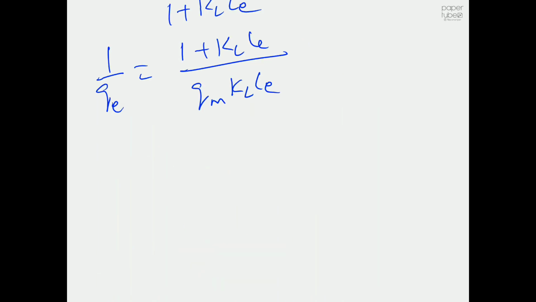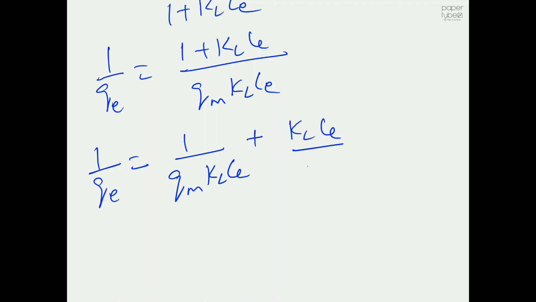Now we can expand that equation: 1 divided by QE equals 1 divided by QM KL CE plus KL CE divided by QM KL CE. And then we can multiply by CE on both sides.